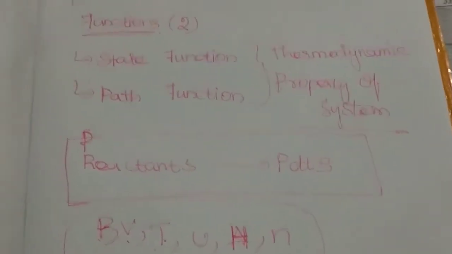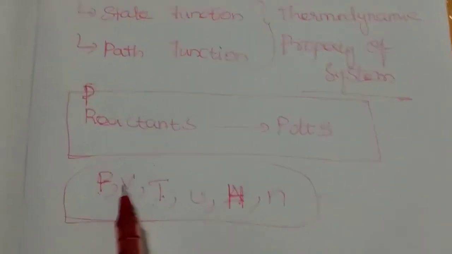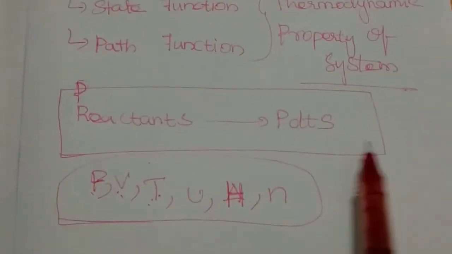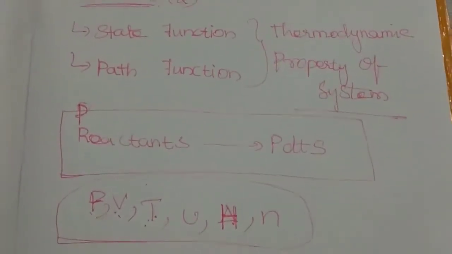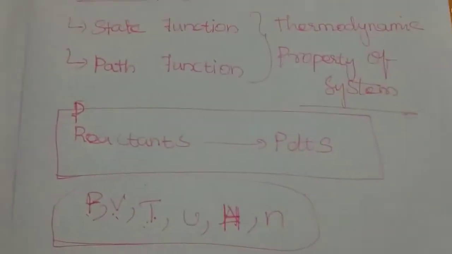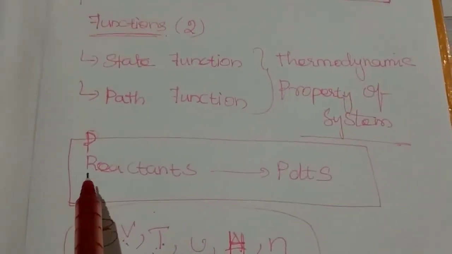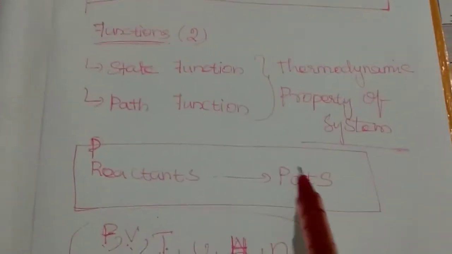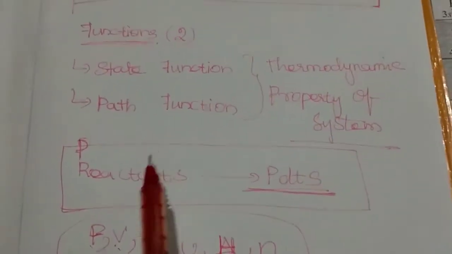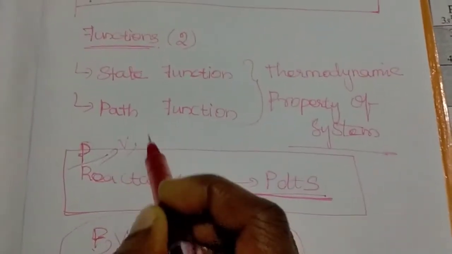Now you can see that pressure, temperature and volume, all these variables involved in this thermodynamic reaction, do not depend upon how the reactant is converting into the product. That means the path the reactants travel to convert into products does not affect the pressure, volume and temperature.